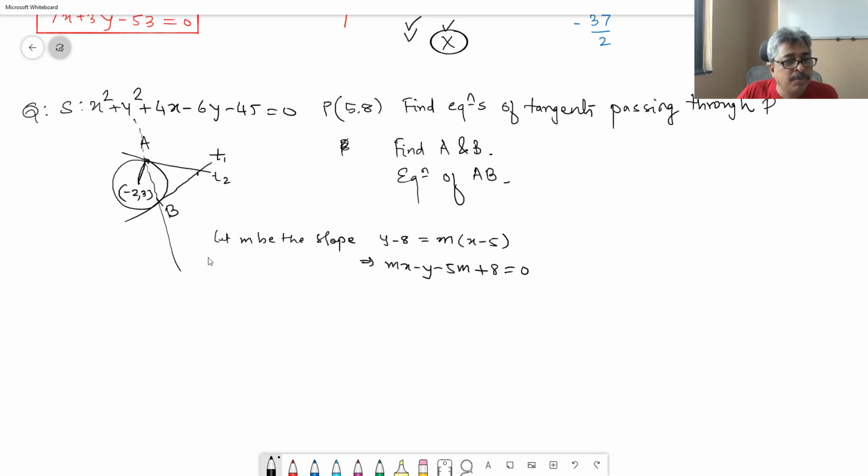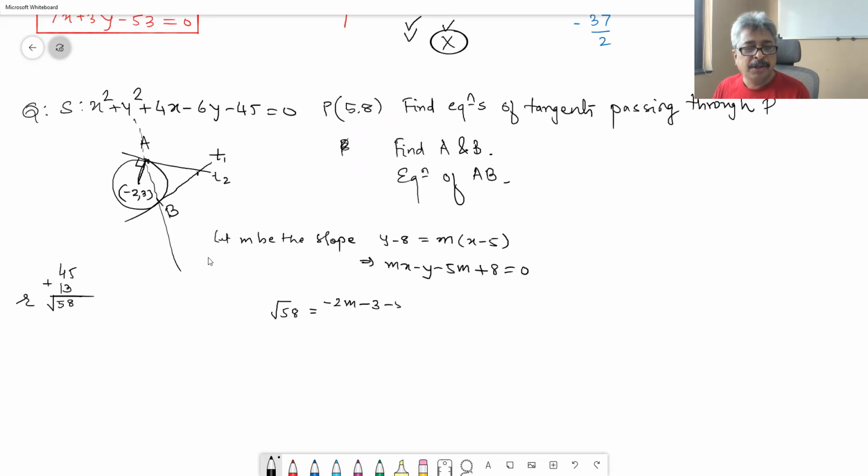Okay, so this is going to be perpendicular. The radius is 45 plus 13, 58. Root 58 is radius, and therefore root 58 is going to be the distance of center -2m minus 3 minus 5m plus 8 divided by root of m square plus 1.